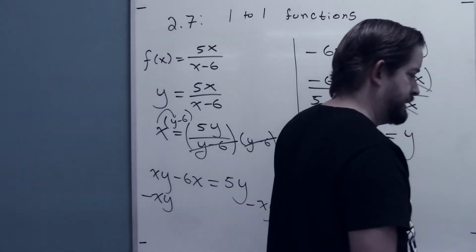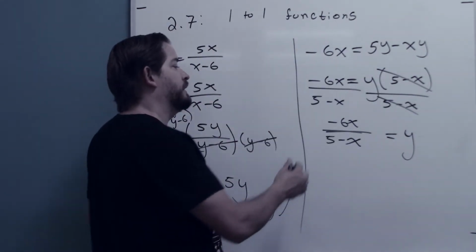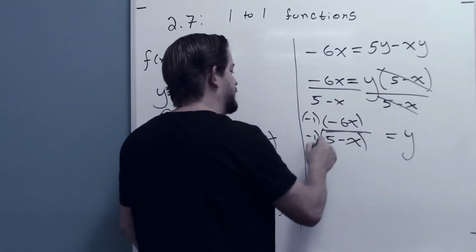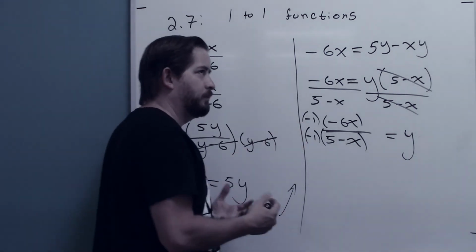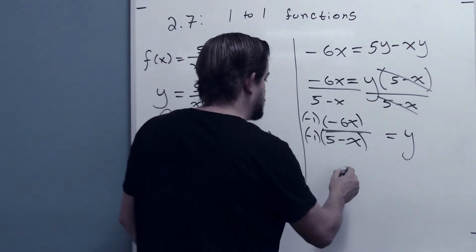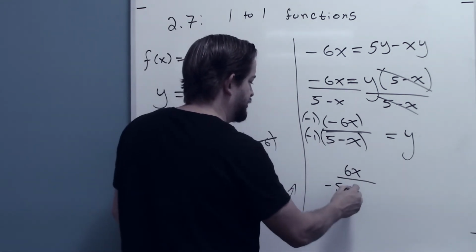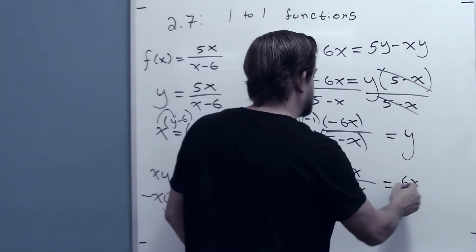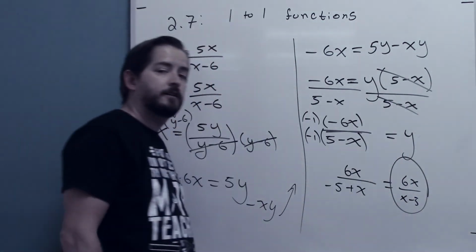In this case, as it's written, it is not one of the answers, but if I take the top and multiply it by -1, and I take the bottom and multiply it by -1, which I can do because -1 over -1 is still 1, I'm going to change the way this looks without changing its value. So the top now becomes a positive 6x, the bottom becomes -5 plus x, but -5 plus x is the same thing as x minus 5, and this answer is there, right?